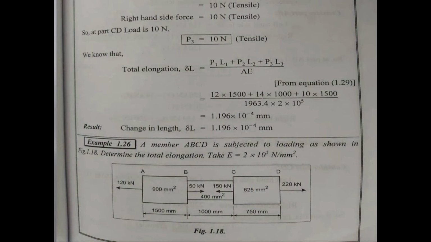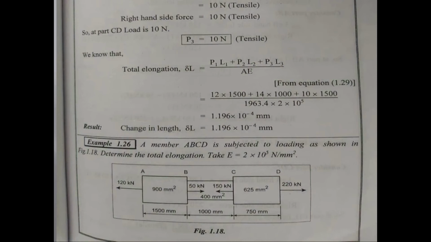Tension force is 120 kilonewton, compression force is 50 kilonewton. So 120 minus 50, you will get 70. Then take the right hand side, 150 kilonewton and 220 kilonewton. 150 kilonewton is a compressive force and 220 kilonewton is a tensile force. So minus 150 plus 220, you will get P2 value equal to 70 kilonewton.